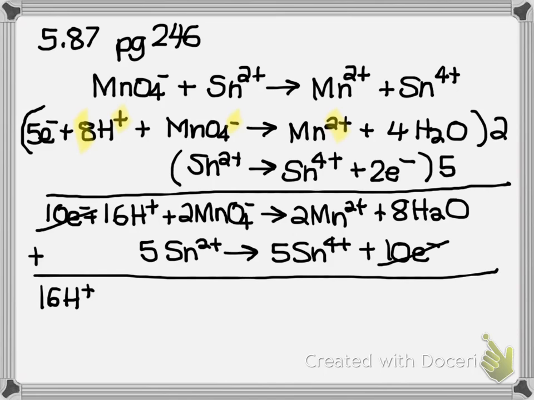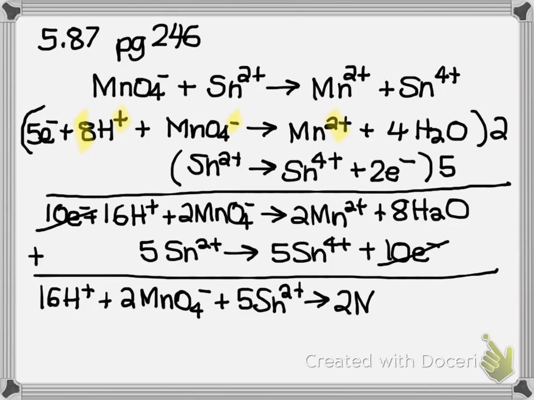Now because this is an acidic solution, this part of the balancing is done, and this would be the answer to letter A. I'm trying to completely write the equation, and they're very long, so the water is going to be down a little bit lower. So there's an acidic equation that we balanced.